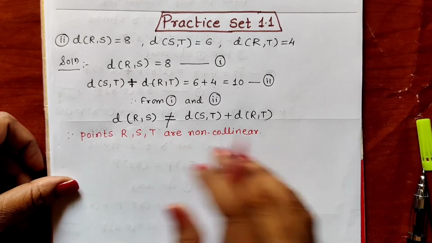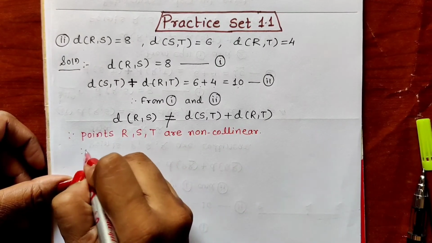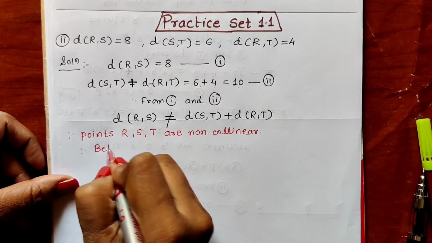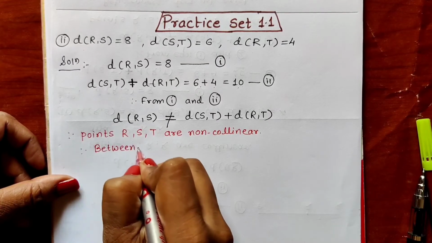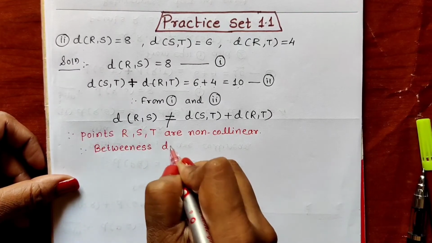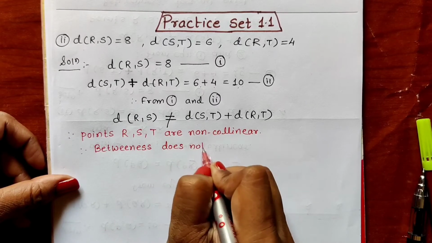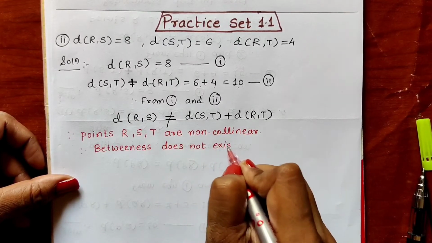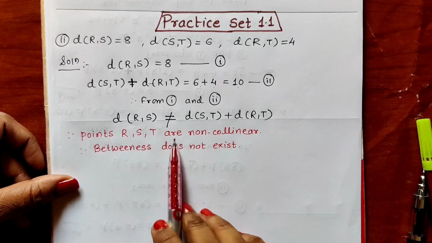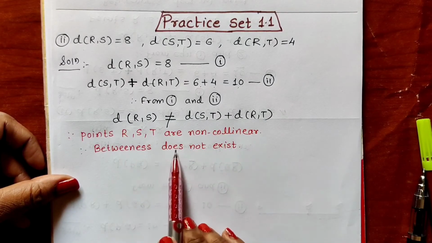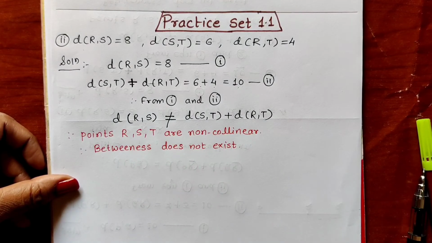As these points are not collinear, what can we write? Therefore, betweenness does not exist. When the points are non-collinear, betweenness does not exist.